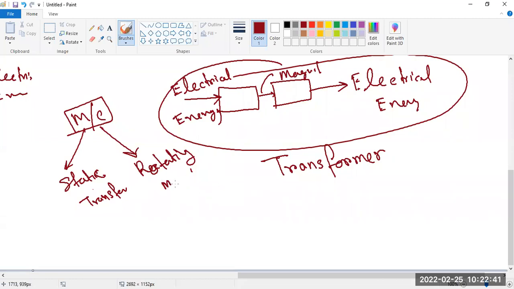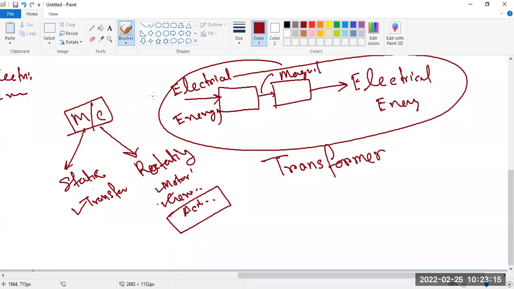And rotating machine is motor, generator, etc., actuator, etc. Okay, so through this basic, we will have to study the basic idea of transformer, basic idea of motor, generator, DC motor, and basic idea of generator, or you may say this is the alternator, etc. Actuator parts and drive parts are the further higher studies, that is in instrumentation and other subject.